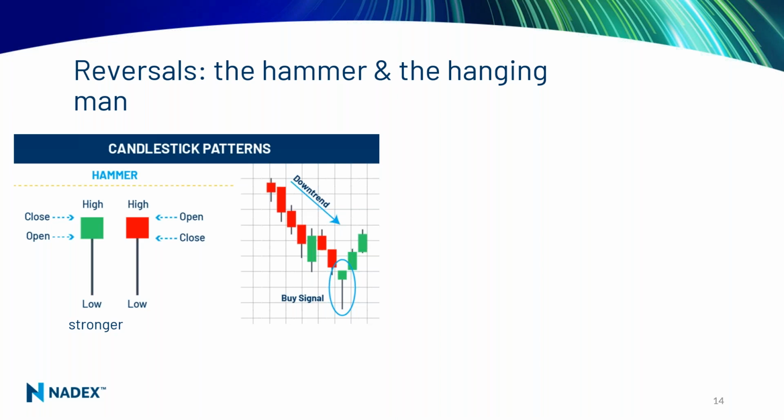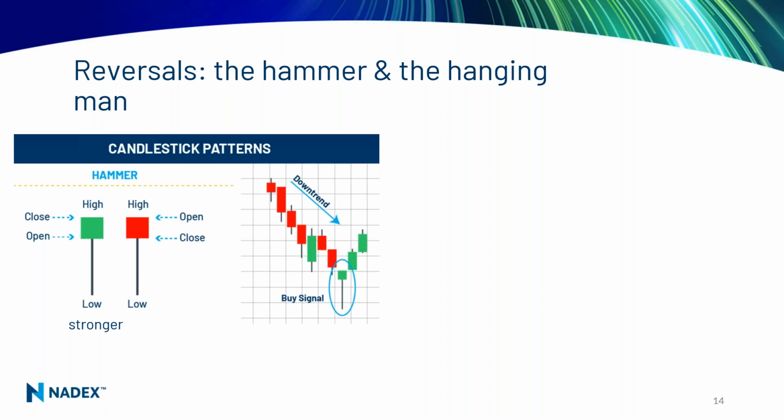Now, what are we looking at in a hammer? We are in a downtrend. You can see the trend is going lower, lower, lower, lower, lower, and then we get this one candle that looks like a hammer. The other reason it's called a hammer is that, according to this candle, sellers have become exhausted.